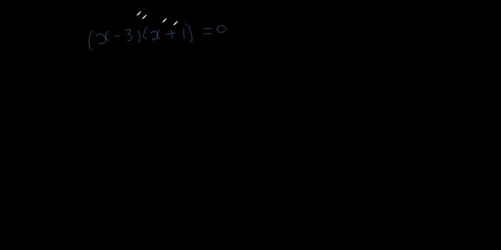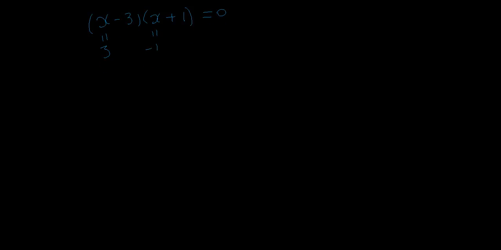As you can see, this equation is going to be 0 whenever x is equal to 3 or x is equal to minus 1, because if x is equal to 3 here, then 3 minus 3 is 0, and 0 times anything is 0. If x is equal to minus 1, then minus 1 plus 1 is going to be 0. So if the equation is in this form here, it's very easy to solve. It's practically already solved for you.